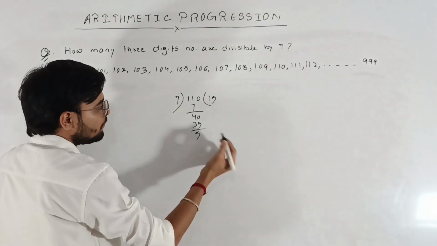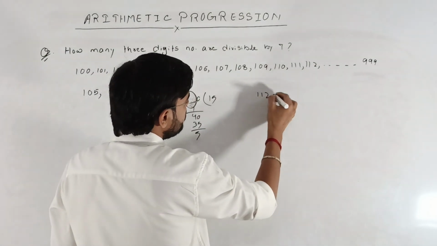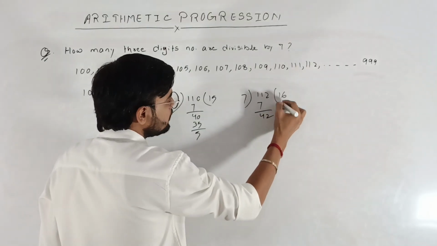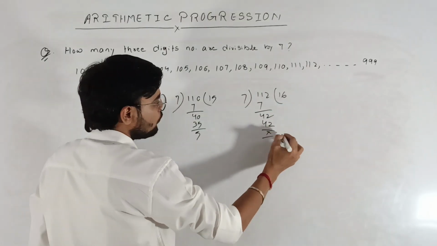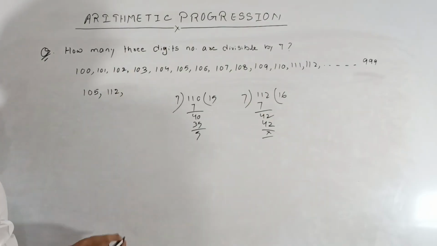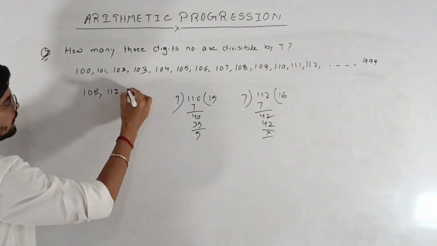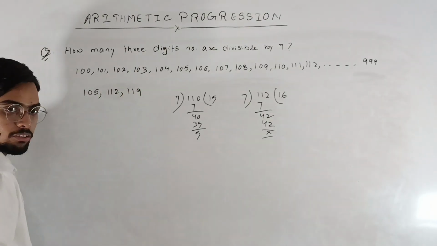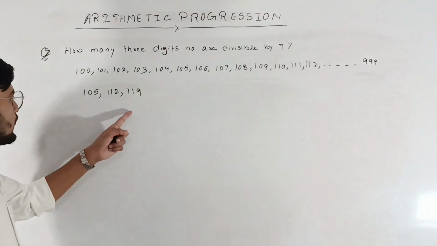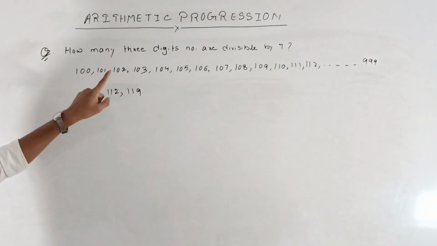Again this is not divisible. Let's check 112. This is divisible. 7 1 7, 42, 7 6 42. So the second number is 112. The third number is 112 plus 7, which is 119. These are the first, second, third numbers divisible by 7 from 100.